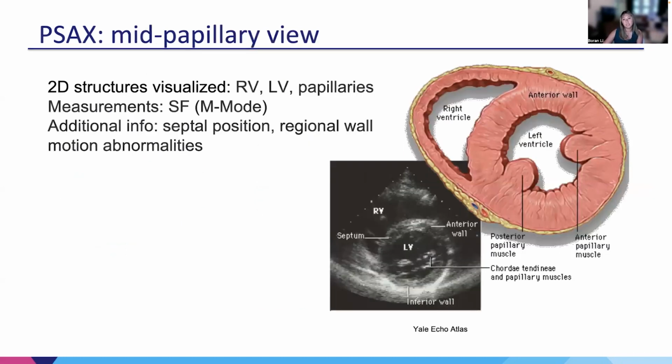Going specifically into these different views. So in your mid-papillary view, obviously, you see the papillaries. This is a good place to get your M mode, which you're going to want to do right here through that. In M mode and 2D it shows you the contraction of the LV over time. This is also a great view to get an idea of if there are regional wall motion abnormalities, because the LV should be a circle, right, concentric muscle.